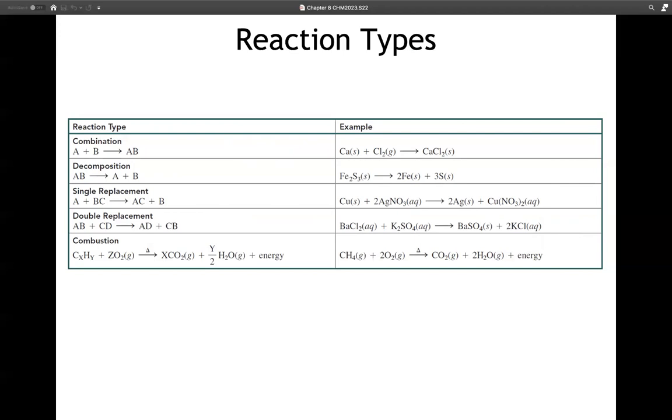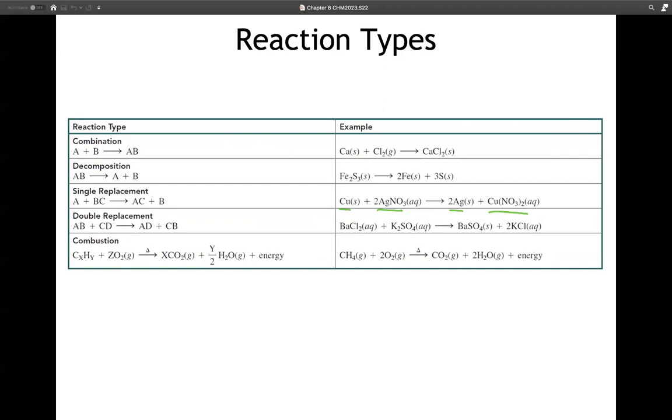In single replacement, we have copper reacting with silver nitrate to form silver and copper nitrate. In double replacement, we have barium chloride reacting with potassium sulfate to form barium sulfate and potassium chloride. Hopefully you're recognizing cations and anions and how they're swapping. And in combustion, we have methane reacting with oxygen to form carbon dioxide, water vapor, and energy.